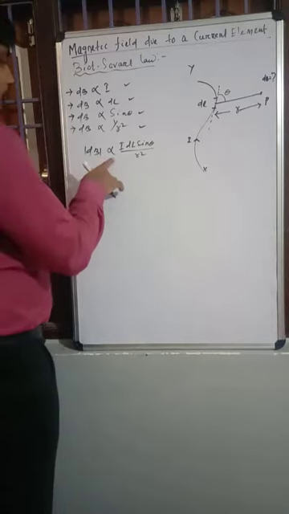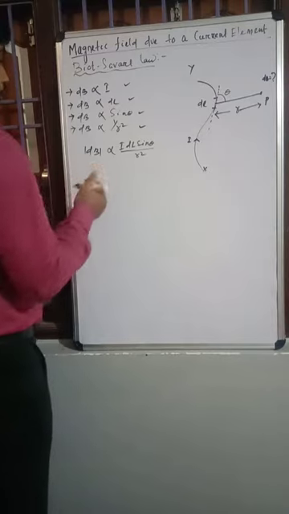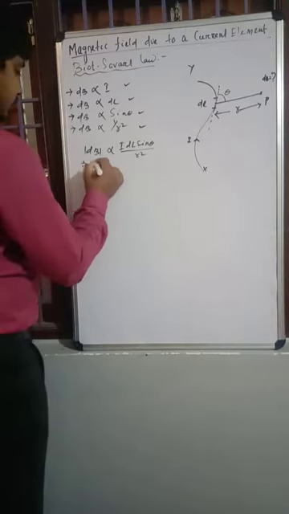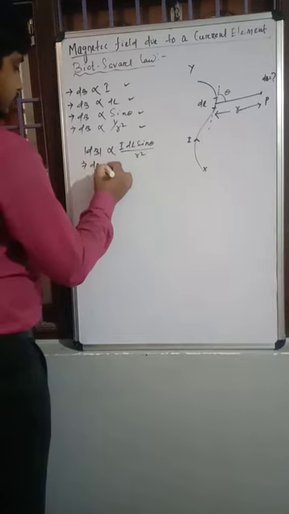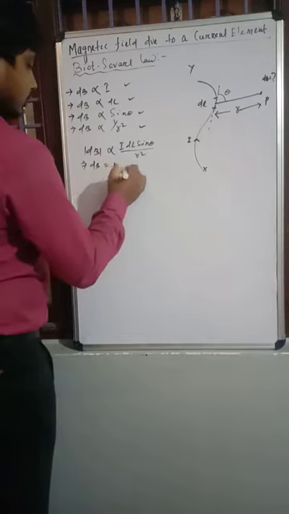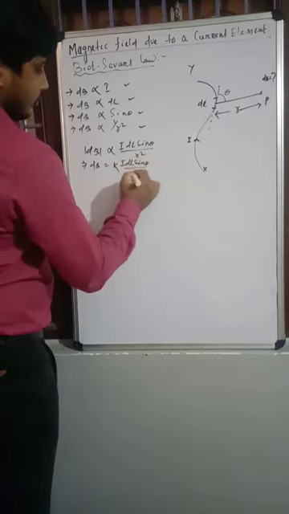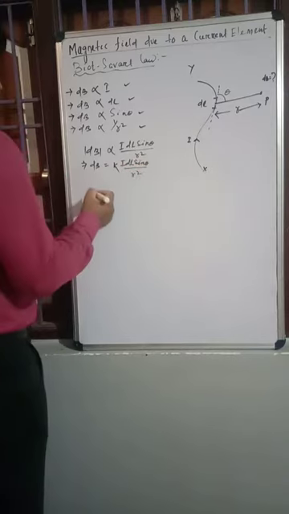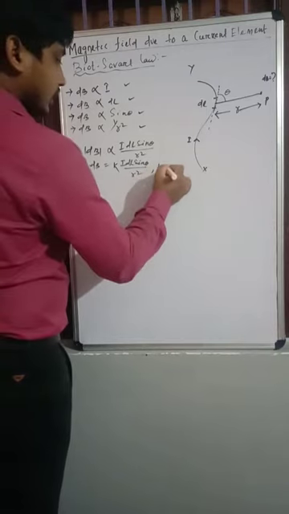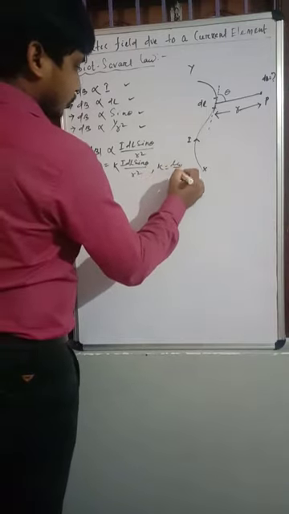If you remove the proportionality symbol, then you introduce a proportionality constant, so dB will be equal to k I dl sine theta by r square. And here the value of k is mu naught by 4 pi.